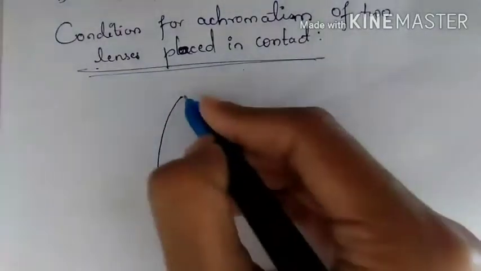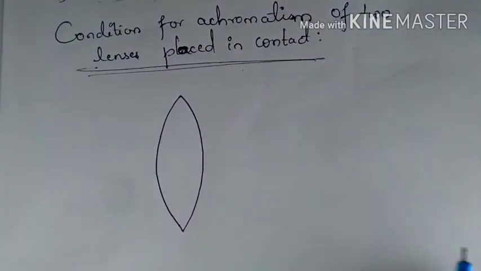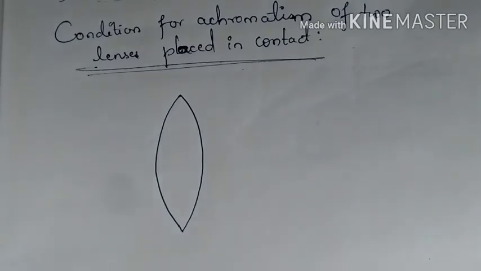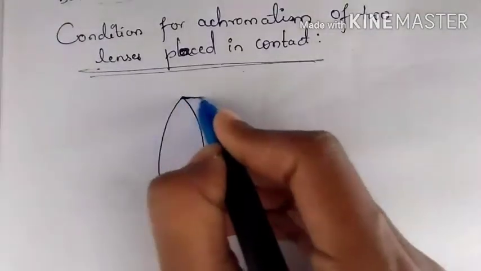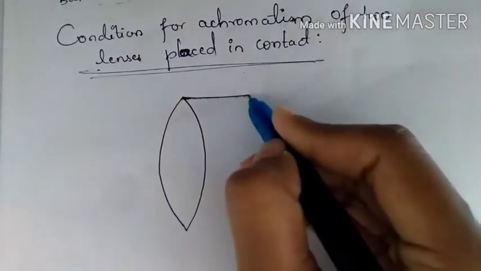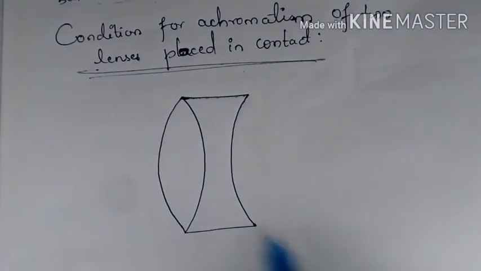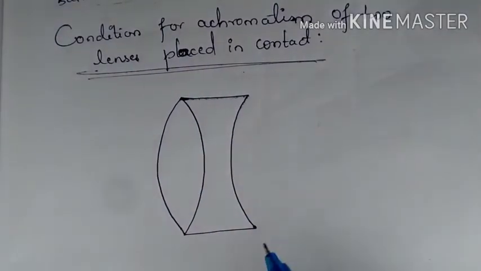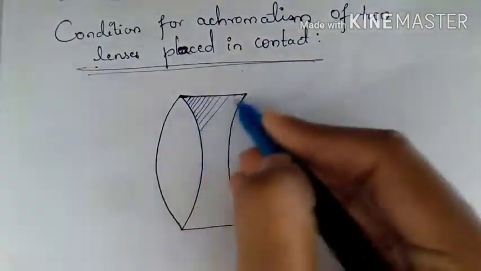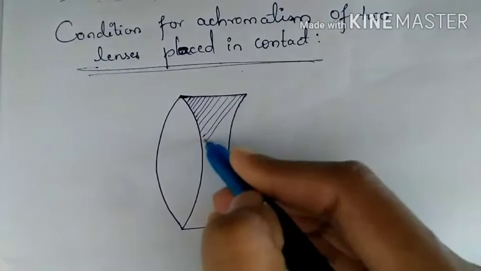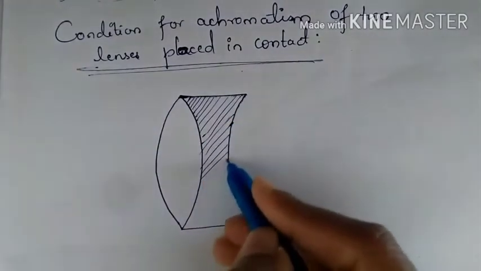So here you have the convex lens, which has a short focal length, and there is a concave lens which is in contact with the convex lens. To show that this concave lens is made of a different material, I am drawing lines on the surface.